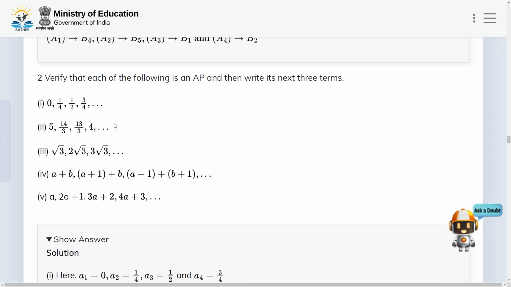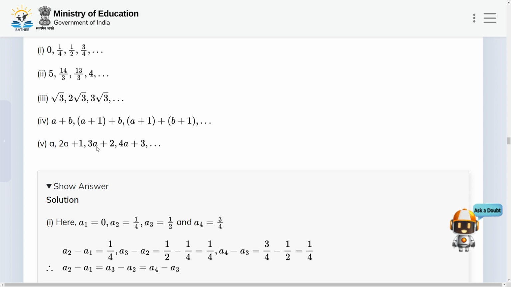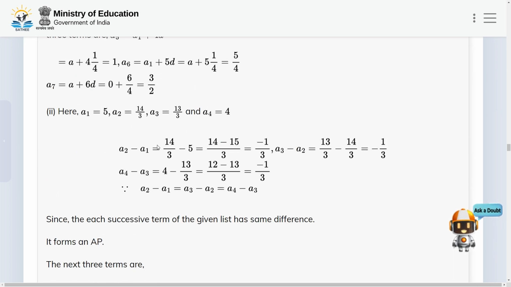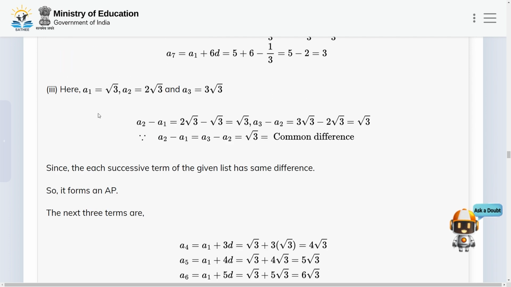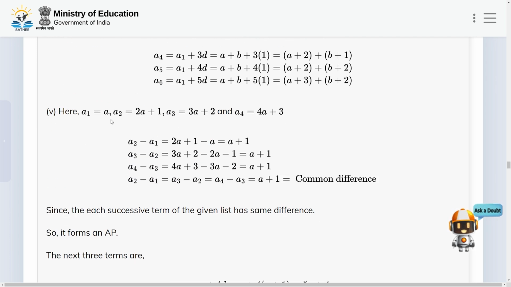In the fifth one, we are given a, 2a plus 1, 3a plus 2, 4a plus 3, and so on. Here the first term a1 is a, a2 is 2a plus 1, a3 is 3a plus 2, and a4 is equal to 4a plus 3.